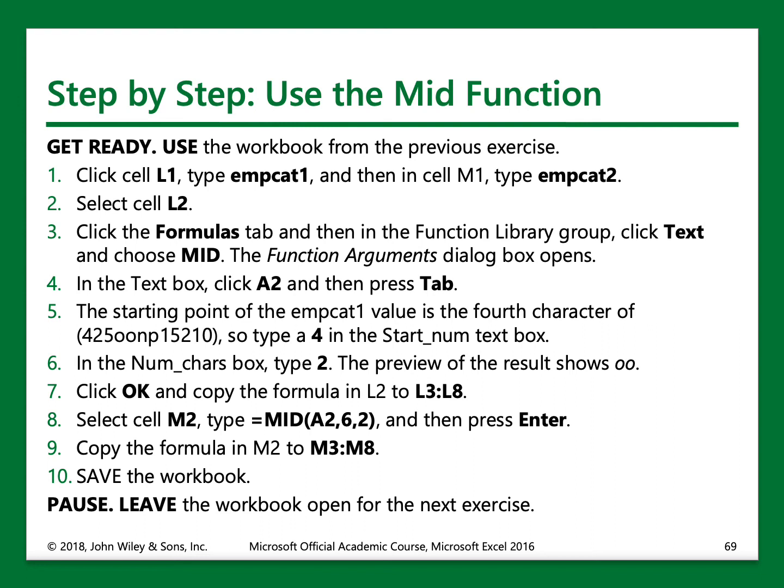So the data is 425 OONP 15210. So we're going to get the fourth character, that's going to be our start_num. And then the num_chars is going to be 2. We're just going to do 2 characters from that, starting at position 4. So you should see 00. Once you've done that, drag that down from M2 all the way to M8.